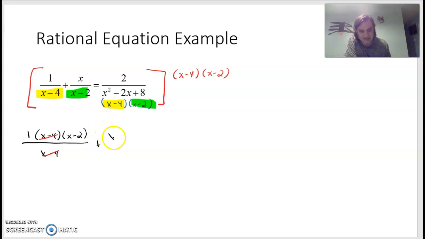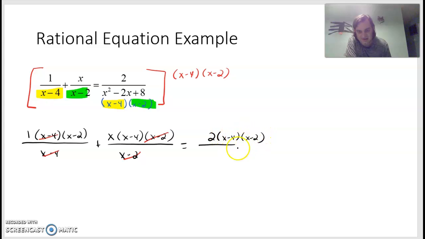The next one, plus x times x minus 4 times x minus 2, all over x minus 2, so another factor cancels out, this time x minus 2. And then lastly 2 times x minus 4 times x minus 2 over x minus 4 times x minus 2, and in this case both the x minus 4 and the x minus 2 will cancel out. If you look, all my denominators are gone.